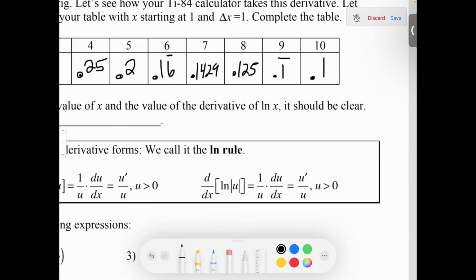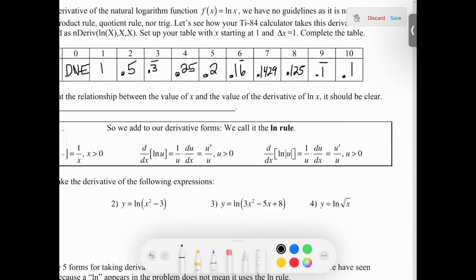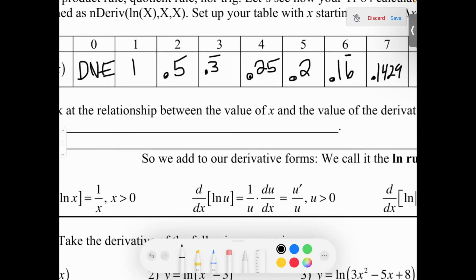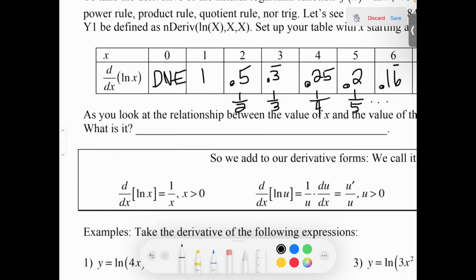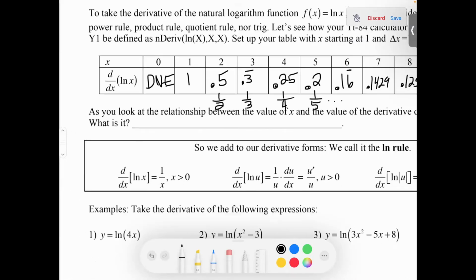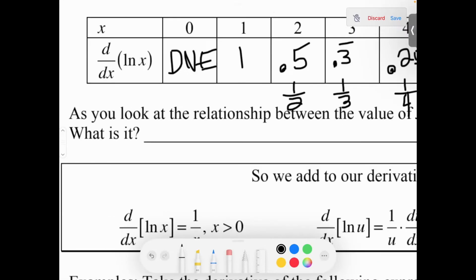By looking at this, we should be able to see that the derivative, like 0.5, would be 1/2. 0.3 repeating would be 1/3. 1/4 would be 0.25. 1/5 would be 0.2. So we should be able to see the relationship between the value of x and the value of the derivative, and that relationship is 1/x.